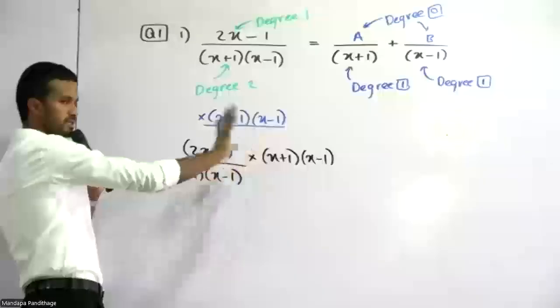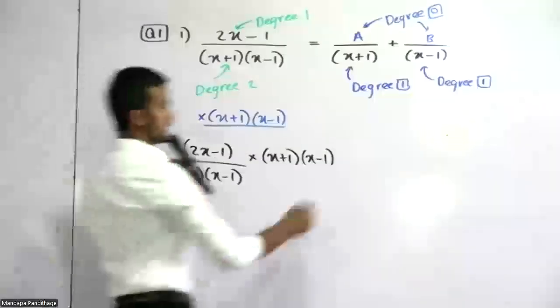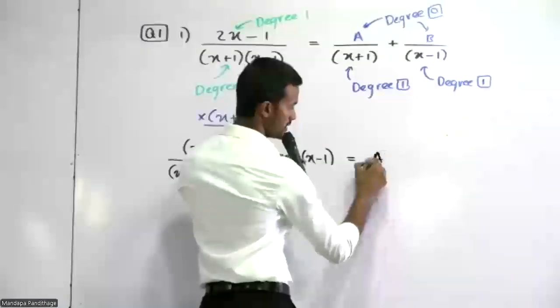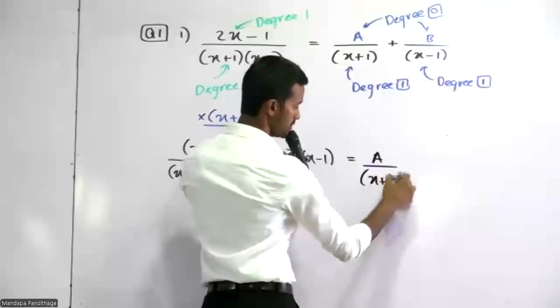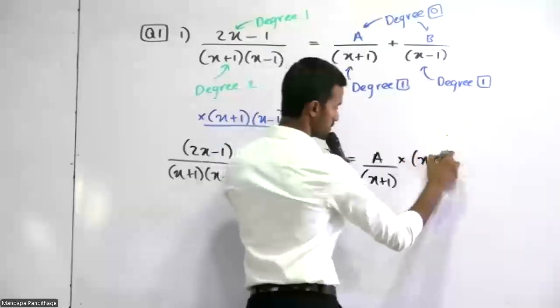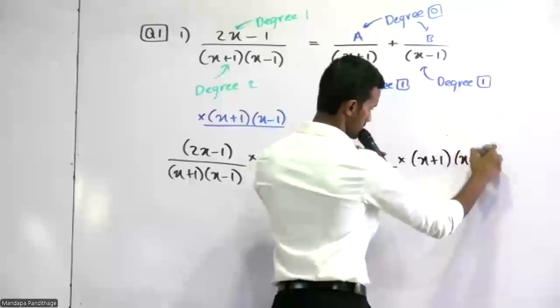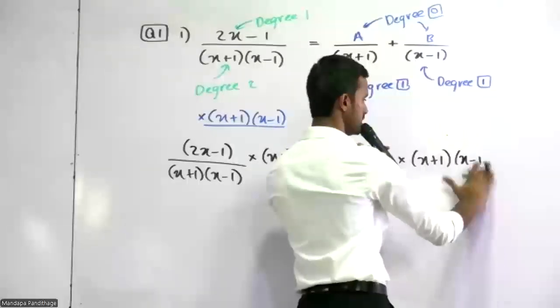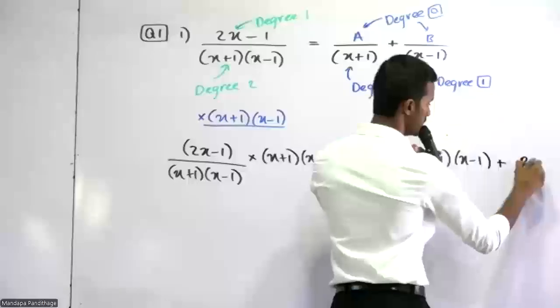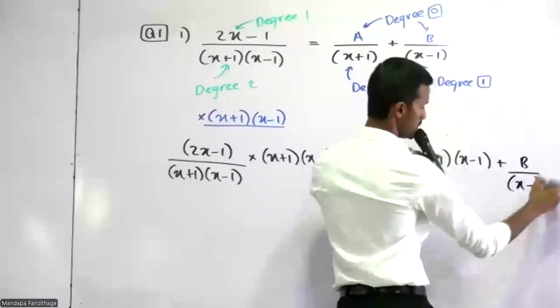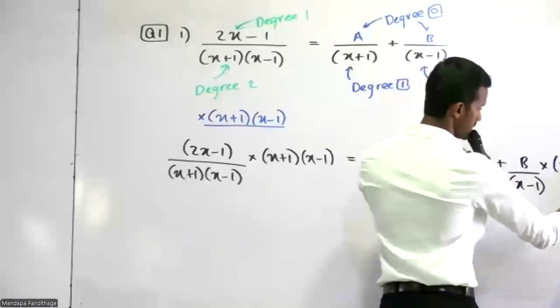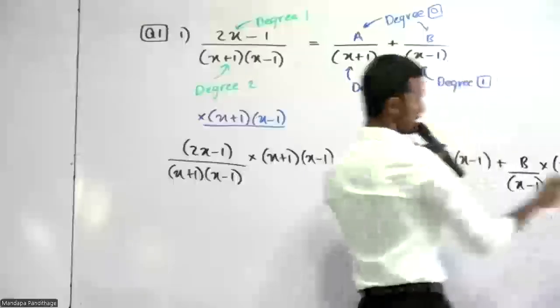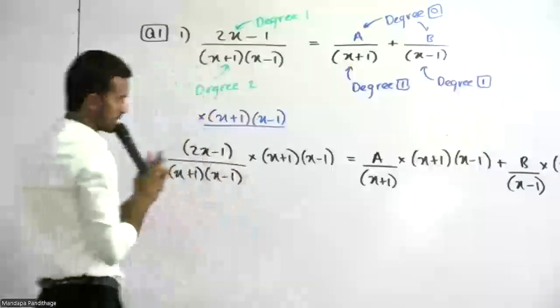Each term on this side should be multiplied by x plus 1 or x minus 1, and the term over x minus 1 should be multiplied by x minus 1 and x plus 1. Clear? Now we can see a clear simplification.